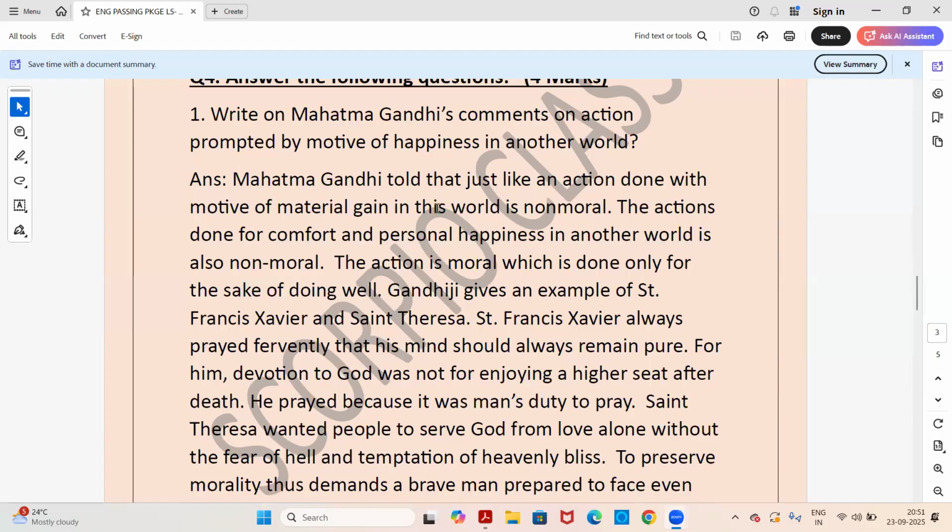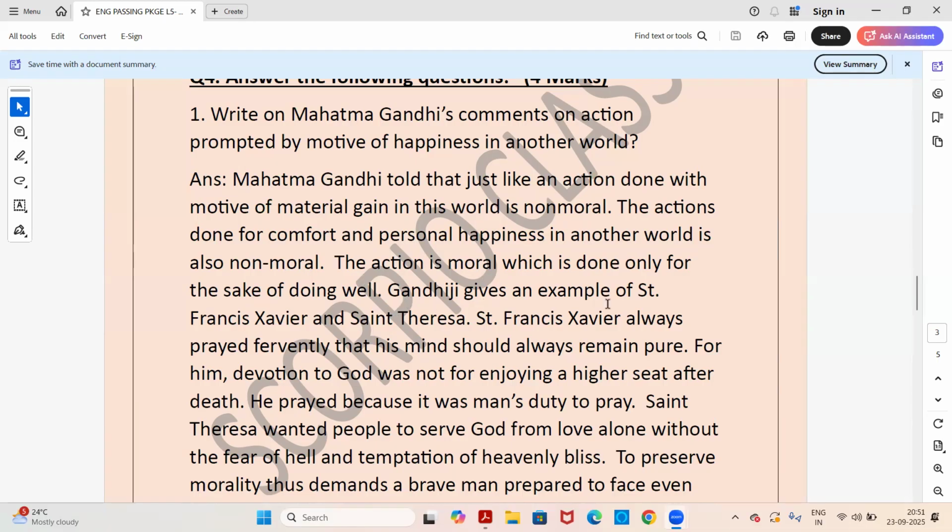Mahatma Gandhi told that just like an action done with motive of material gain in this world is non-moral, the actions done for comfort and personal happiness in another world is also non-moral. The action is moral, which is done only for the sake of doing well.